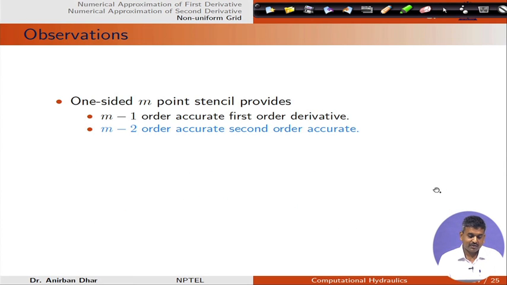So, what are the observations? One sided m point stencil provides m minus 1 order accurate first derivative.